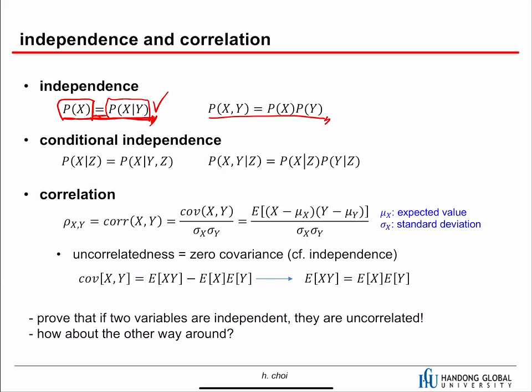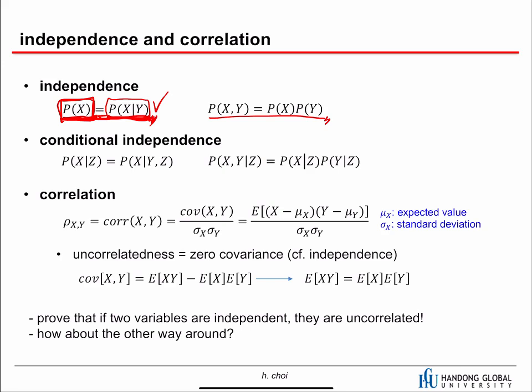No matter what kind of condition we have on the variable y, P of x given y is P of x. In this term we don't have y, in this term we have y, so y has nothing to do with x. So x and y are independent. You can check some toy cases by yourself.